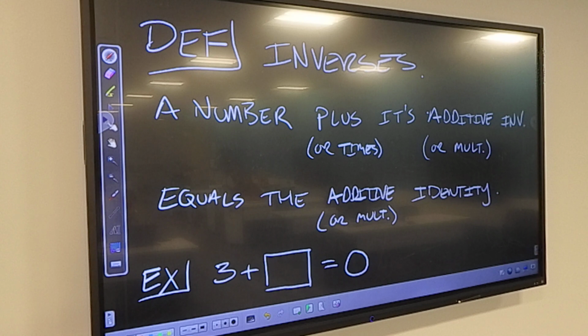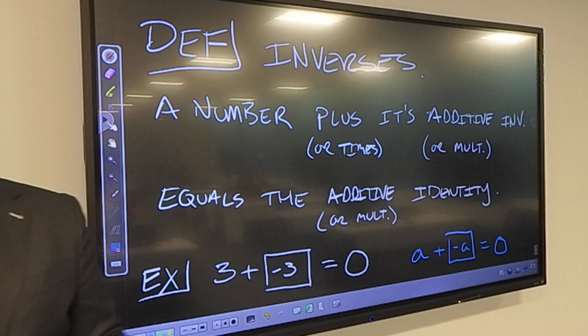And what number goes in that box? Negative 3. Three together with negative 3 add up to 0. Can I generalize this and talk about the number a together with its inverse, and it comes out to 0, and you can tell me what the inverse is? Negative a.